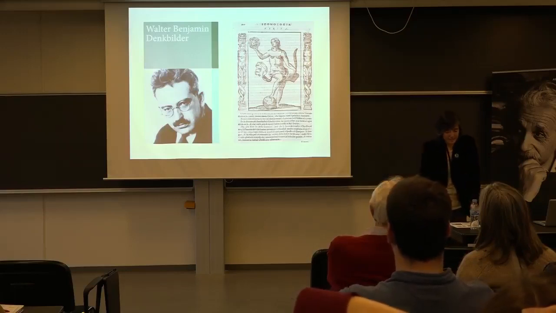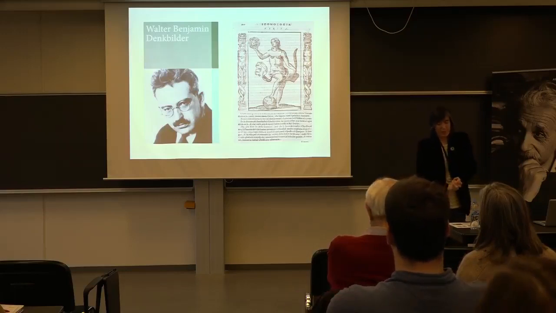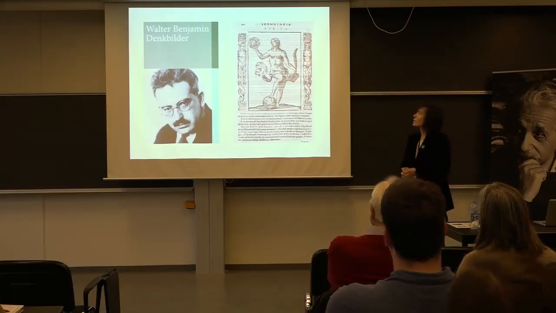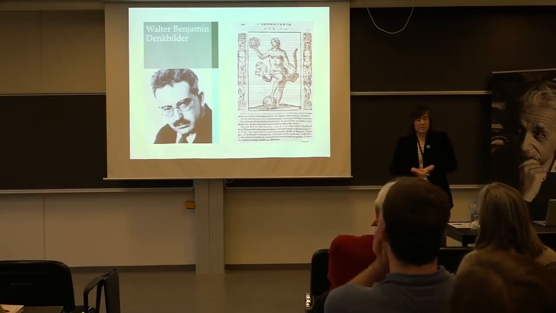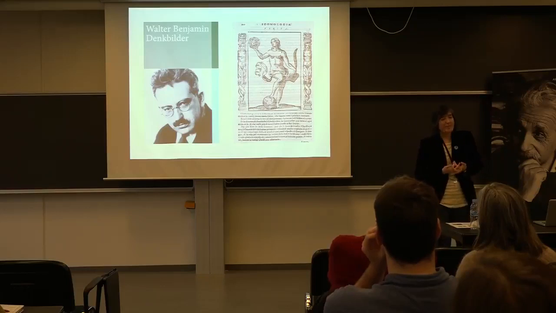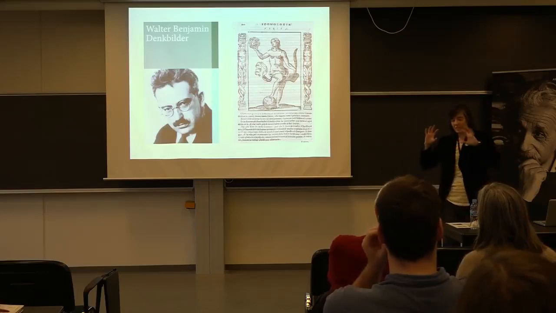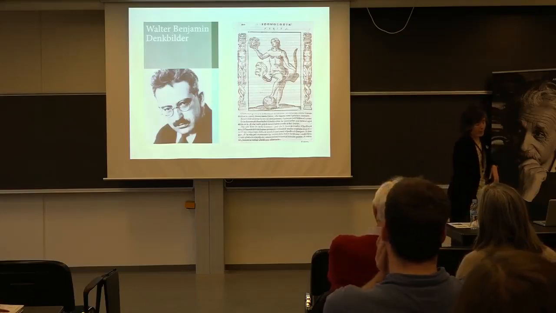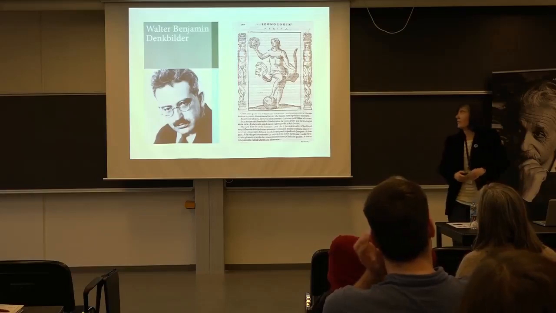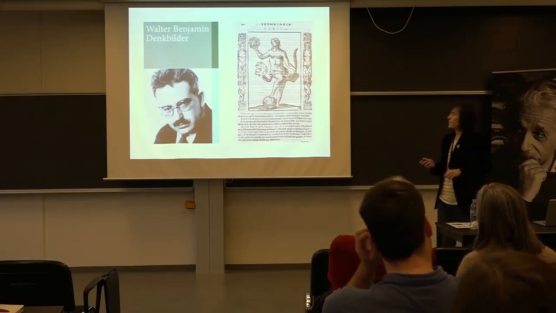So in that sense, Benjamin was persuaded that we can use, of course, images as conceptual tools, but sometimes images can think by themselves and lead us to places we didn't expect. So that is some sort of general framework for this talk.